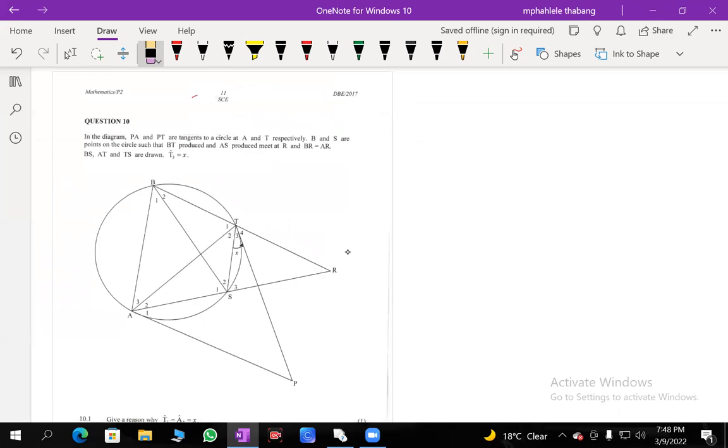Don't answer the question. Can you guys see the theorems that are applicable here? This question is amazing because it possesses a lot of theorems. I see many theorems.